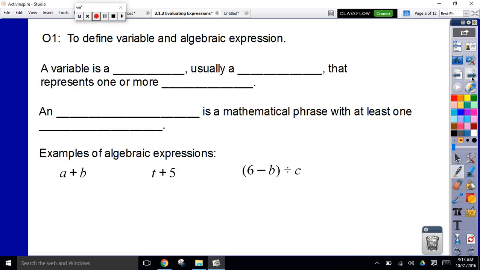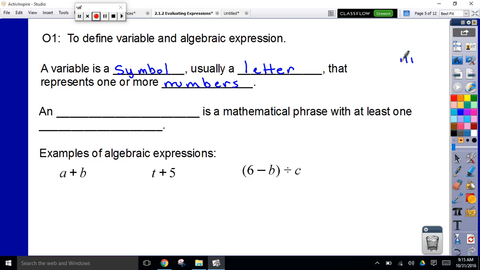Okay, a variable is a symbol, and it's usually a letter that represents one or more numbers. And I say usually a letter because sometimes we use symbols that are actually Greek letters, and so they don't look like letters that we would be familiar with.